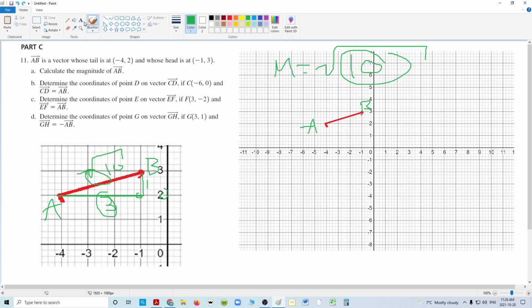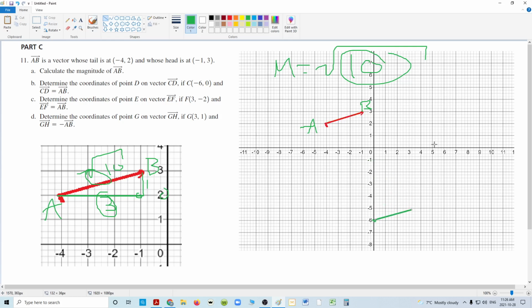So one thing we could do is, first of all, find -6, 0 right there. Draw in a green line here, like that. That's one way to do it.